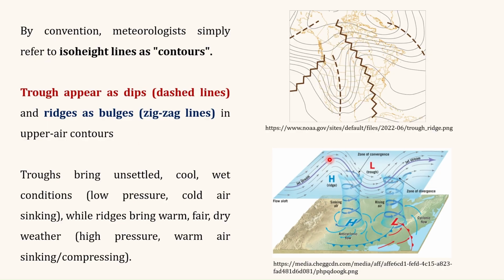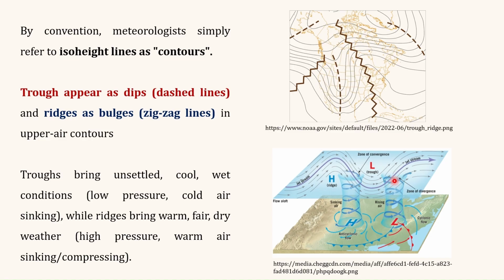These ridges and troughs in the upper air contours are related to the weather phenomena on the ground because troughs bring unsettled, cool, and wet conditions on the surface. If you notice here, a trough is followed by the zone of divergence.